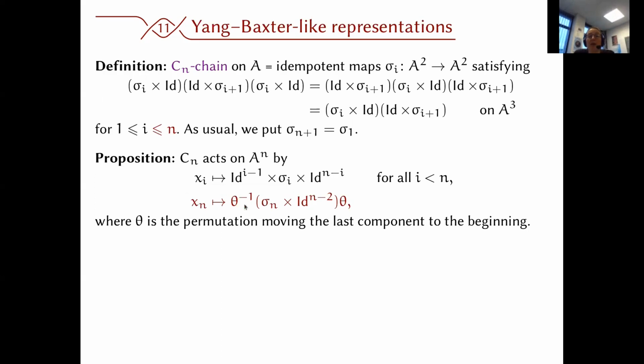So if we were able to write these n copies of A in a circle, we would not need this permutation. This means just apply sigma n to the copies of A situated at position number n and at the first position.